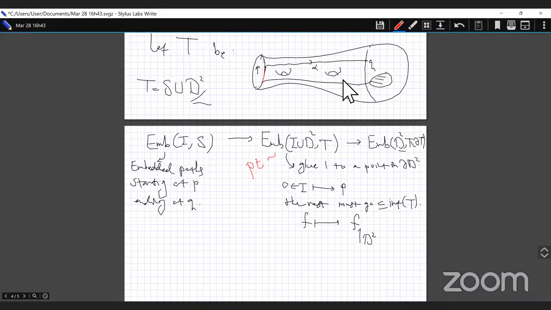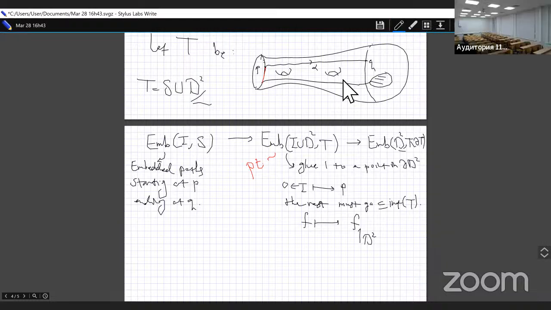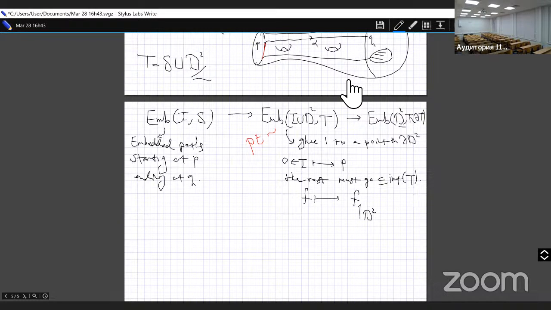Okay, and so then the homotopy groups just shift dimension. Yeah, and moreover, I want to show that this space, the right one, for I bigger than 1, the embedding of the disk into T minus the boundary, is 0.